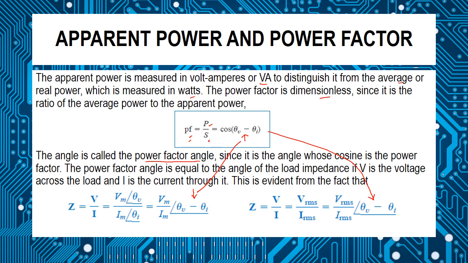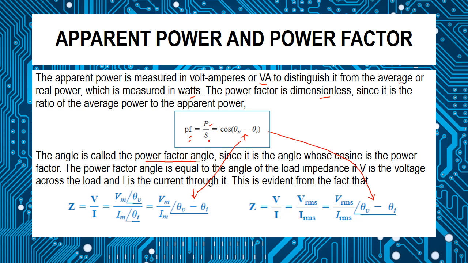The power factor is the real power, the average power, divided by the apparent power, and it's also equal to cosine of theta V minus theta I. The angle is called the power factor angle, since it is the angle whose cosine is the power factor. The power factor angle is equal to the angle of the load impedance if V is the voltage across the load and I is the current through it.